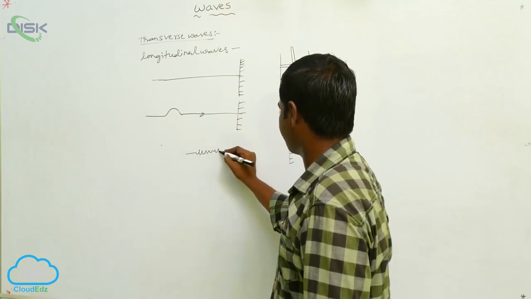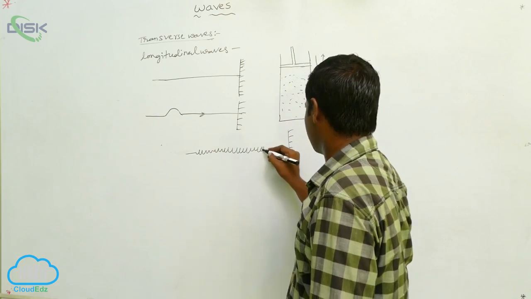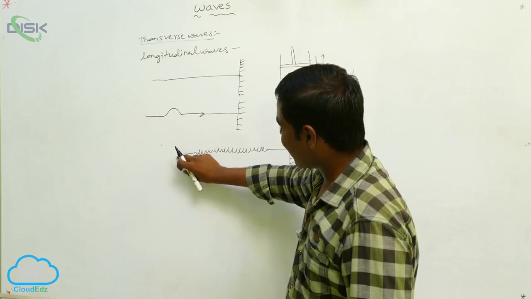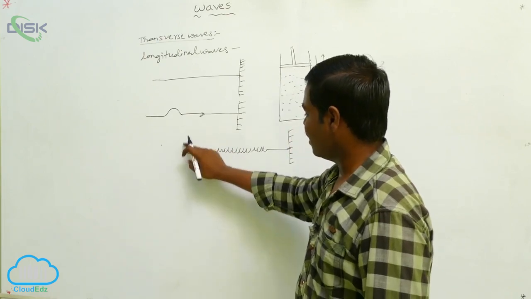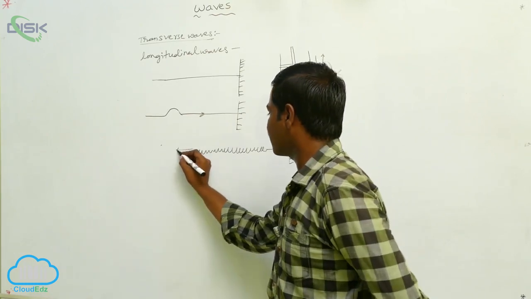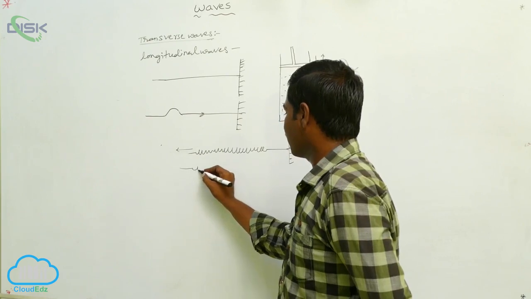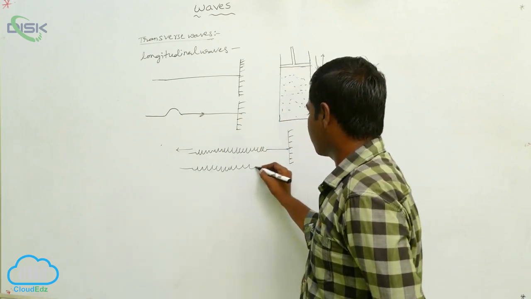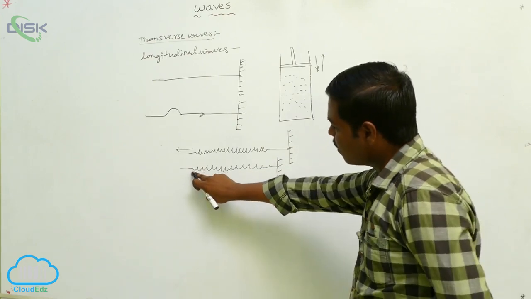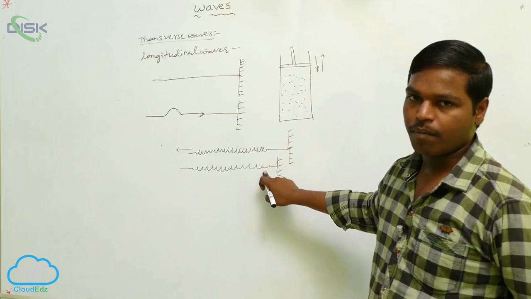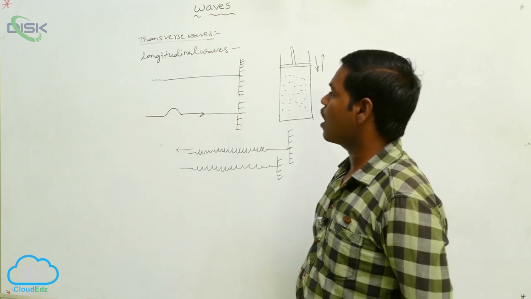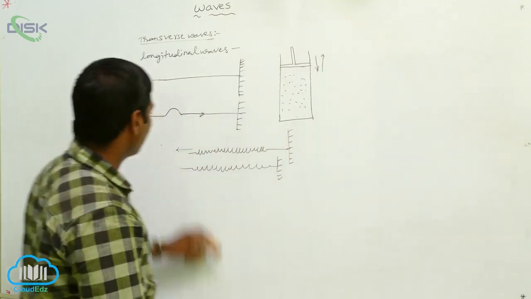This spring is attached to the support, and if we pull this spring along this direction, then longitudinal waves are produced in the spring, and these longitudinal waves travel along the direction of wave propagation. This is the explanation for transverse waves and longitudinal waves.